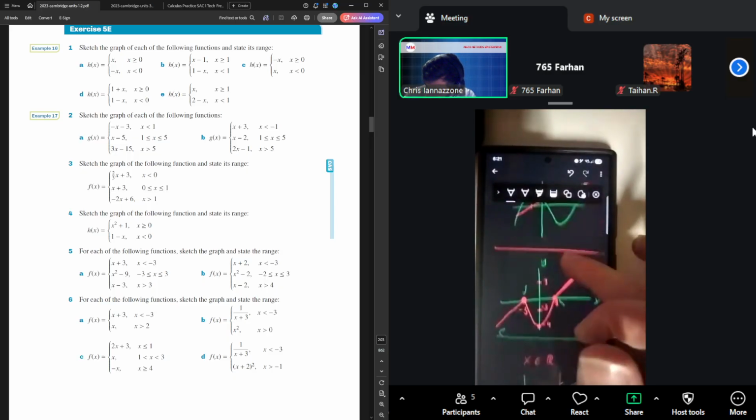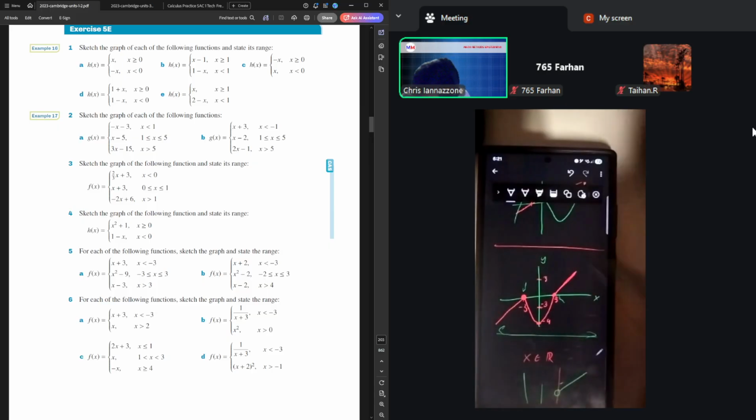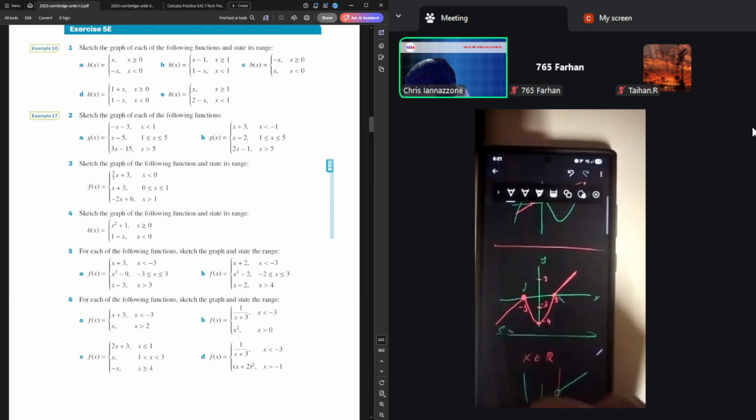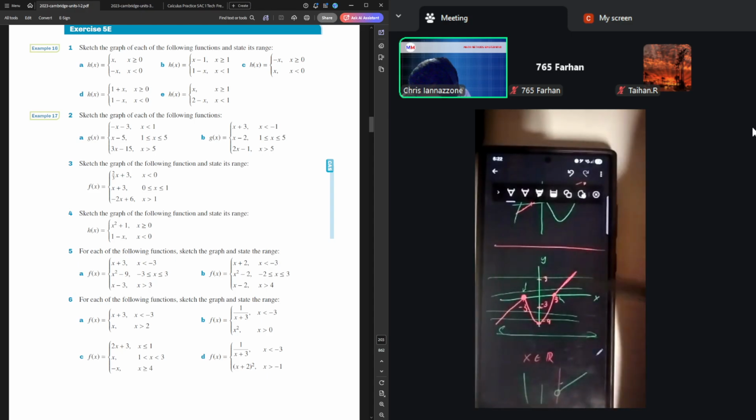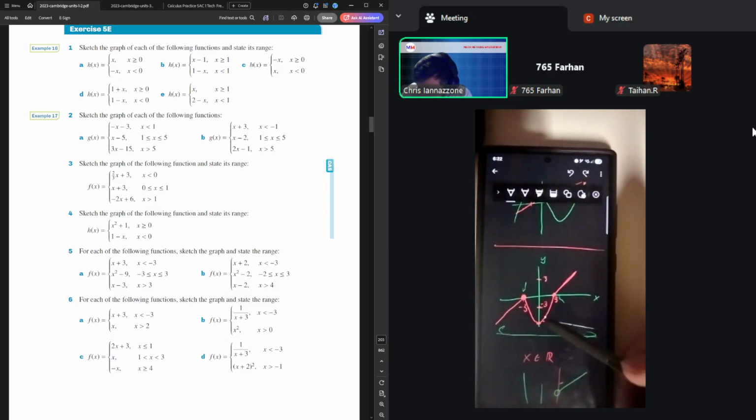Okay, lastly is range. The exact same rules apply for range, but we're now looking in the horizontal direction, horizontal slices. So basically, I'm looking at all my y values, and I'm saying, do each of these little slices have at least some value that exists on that slice? This one, absolutely it does.